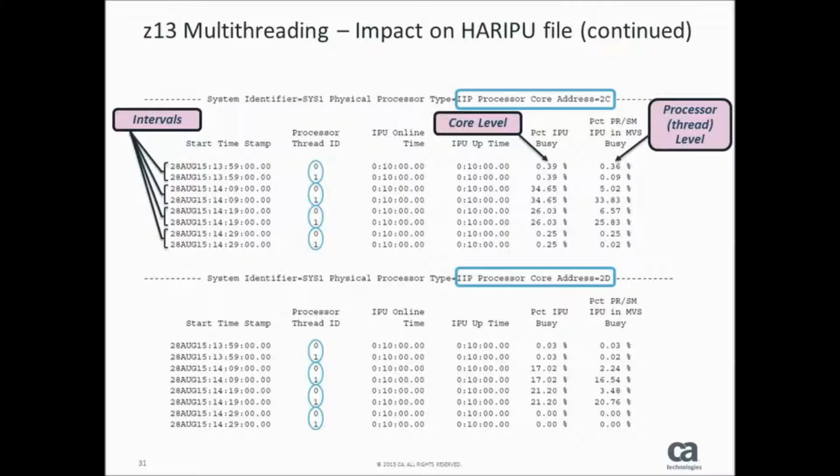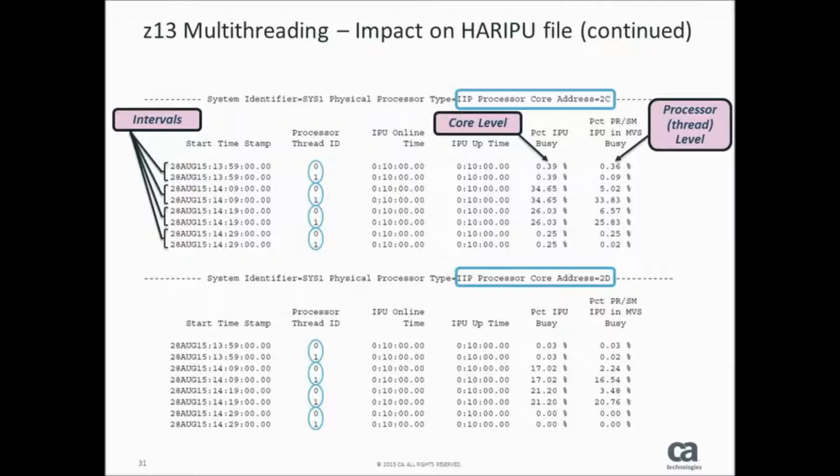And just to clarify, this is a printout of data we have from a multi-threading environment. What you're looking at here at the top and bottom are two different IPU addresses, so these are two zIIP cores. The top one has an IPU address value of hex 2C, and the bottom core has an IPU address of 2D. I have shown 4 intervals for each of them, and if you look at the start timestamp, you see 2 identical timestamps for each interval.